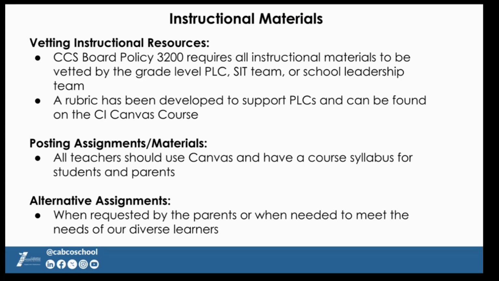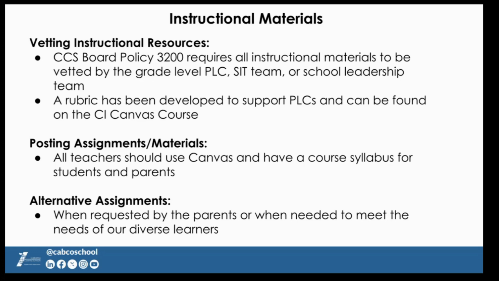These must be vetted by the grade level PLC, SIT team, or school leadership team. Rubrics have been developed to support PLCs and can be found on the C&I Canvas course. All teachers, when possible, should use Canvas to have a course syllabus for students and parents and post instructional resources for transparency and accessibility.